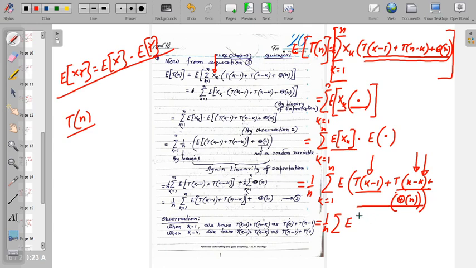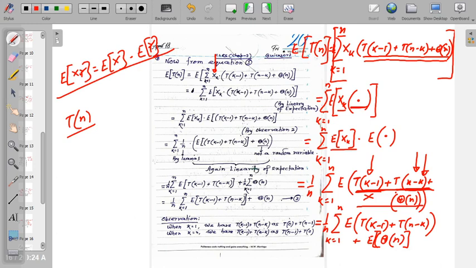Taking these two as random variables, I am taking this term as X plus some c, plus the expectation of theta n, with k equals 1 to n.